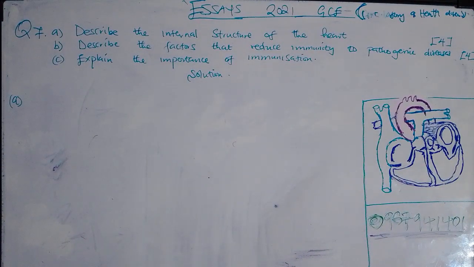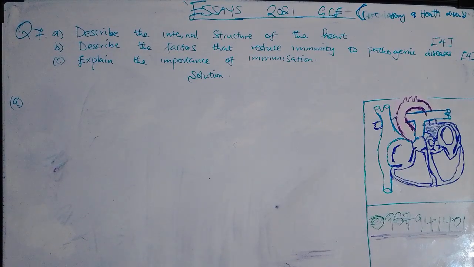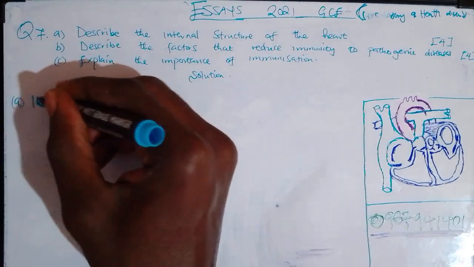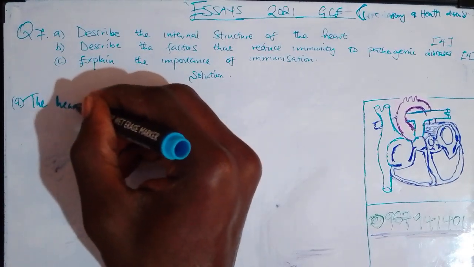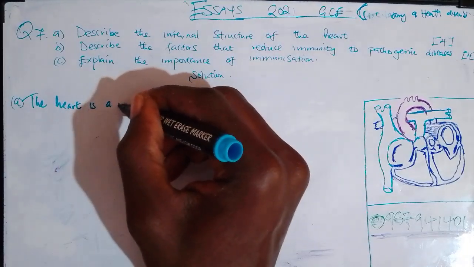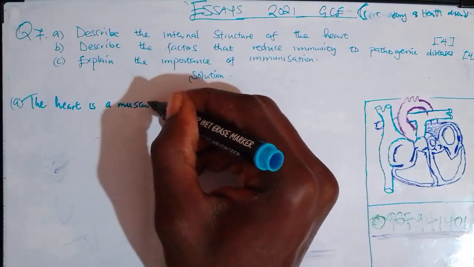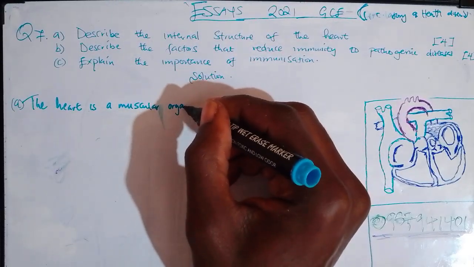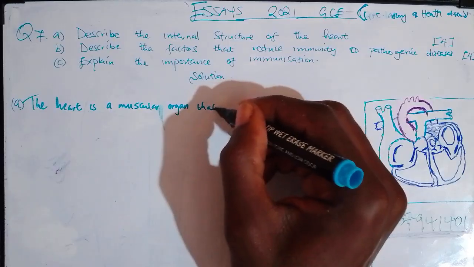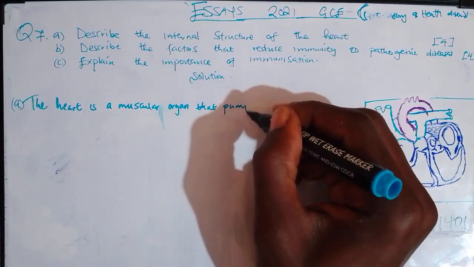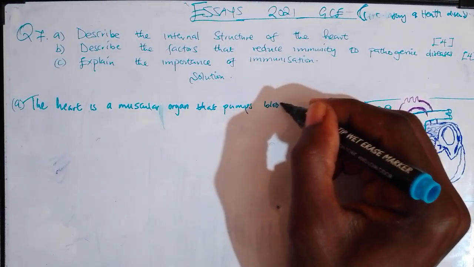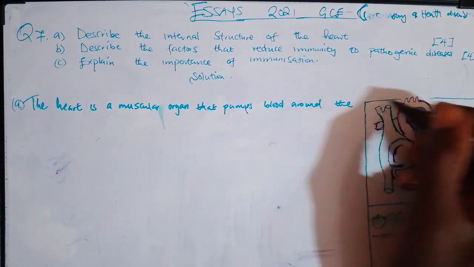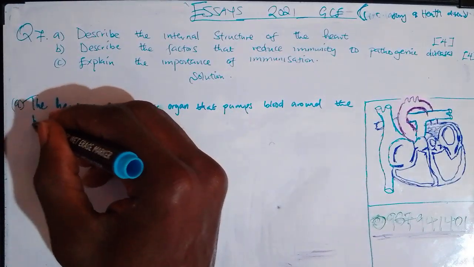You can start by saying the heart is a muscular organ that pumps blood around the body.